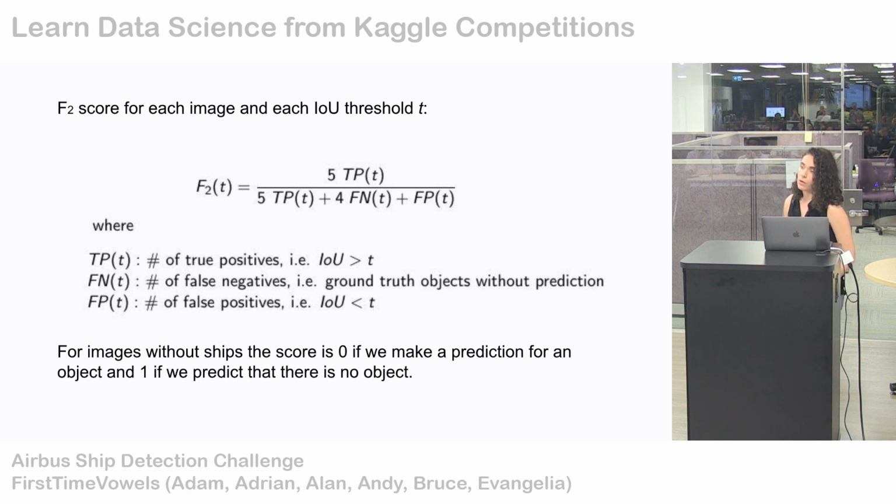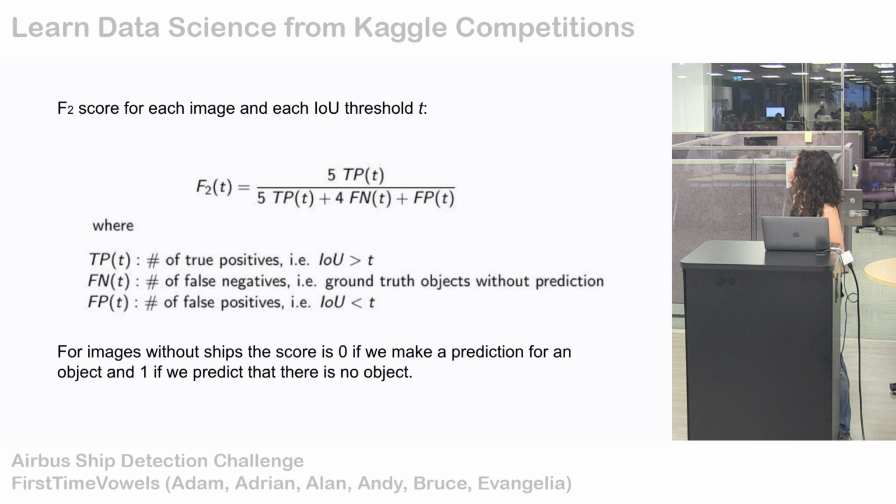FN are all the false negatives, so every time there is a ship there that we didn't give a prediction about. And FP is all the false positives, so every time we gave a prediction and there was no ship, or there was not enough ship in this prediction.